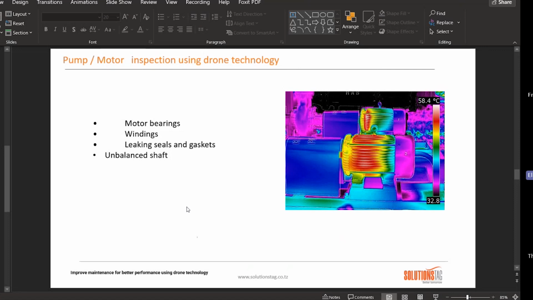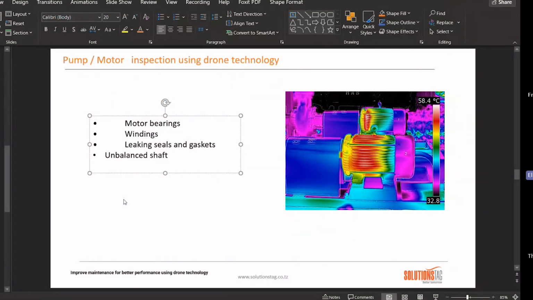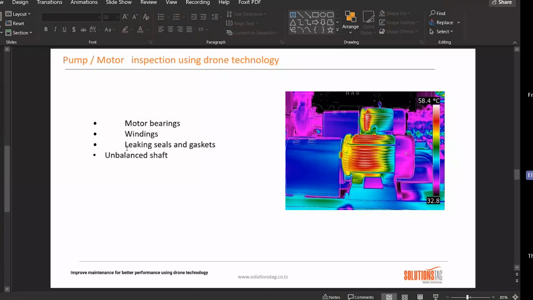And also the motor windings: if some windings are not well connected compared to the others, it causes an unbalanced load, which means some windings will be carrying more load than the others, leading to failure or overheating. The pumps also have mechanical seals, so if we don't monitor any leakage, it may cause failure to the pump.